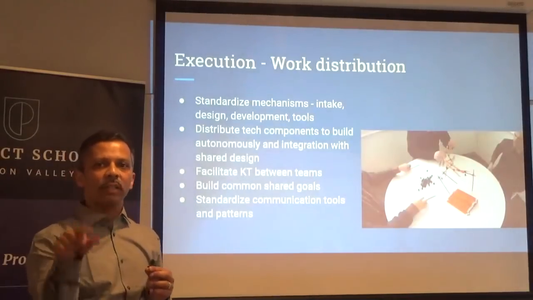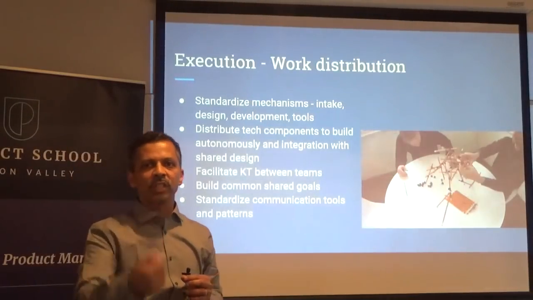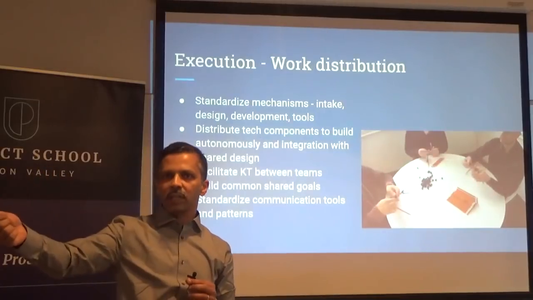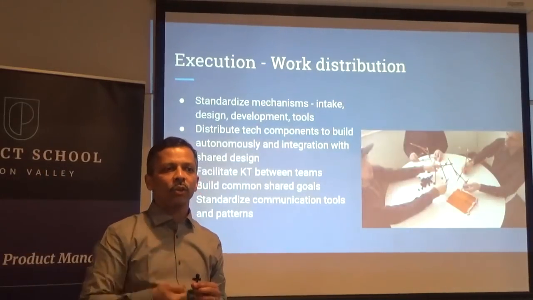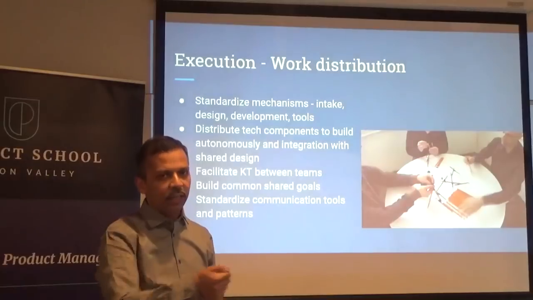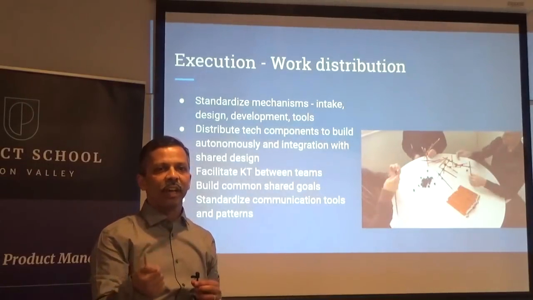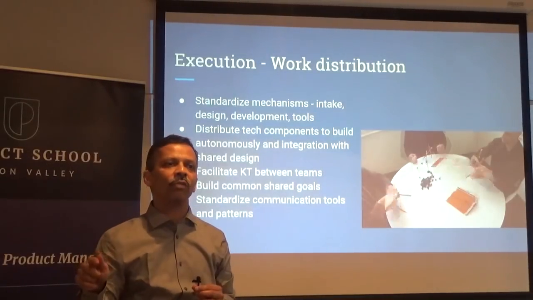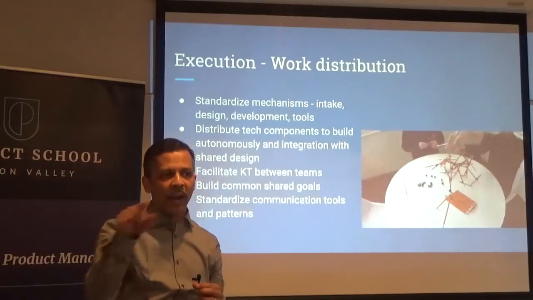But the way I got this integration done is I would start, given the customer feedback, with the persona and the end-to-end scenario. So we would have a user story for that sprint that goes end-to-end.